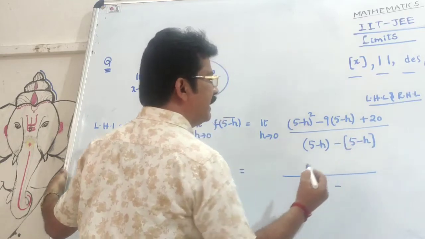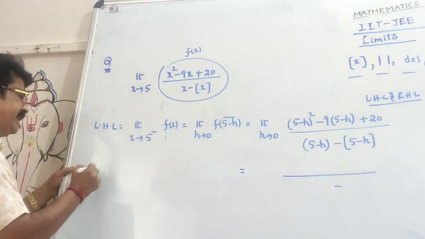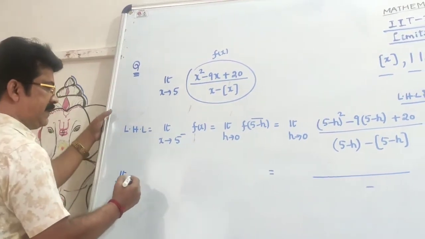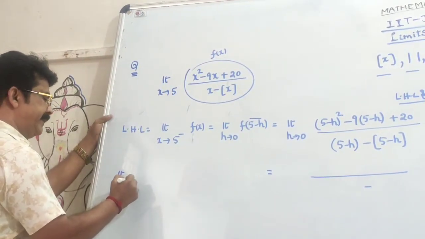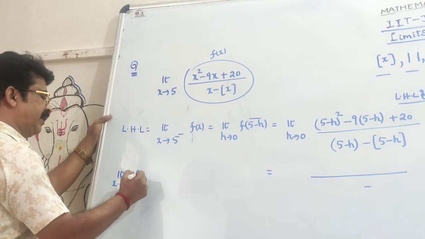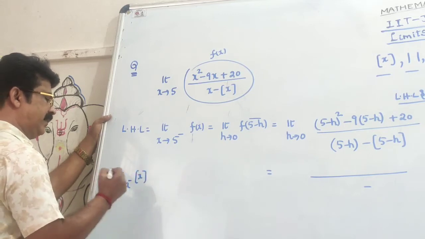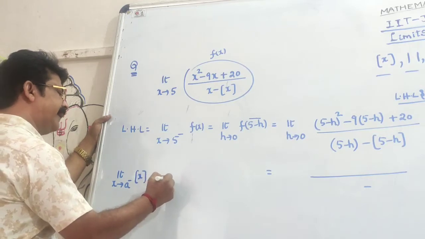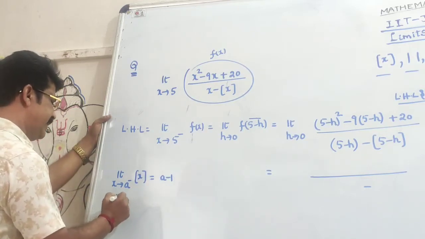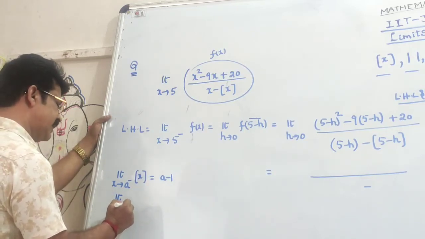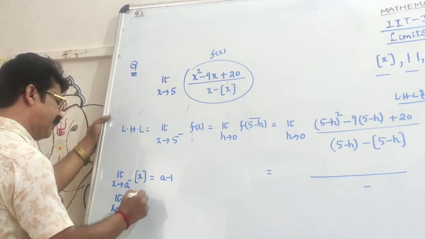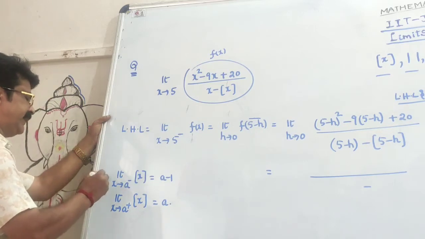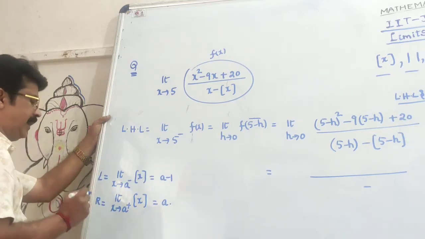Here in the denominator, actually limit x tends to a minus of box of x is equal to a minus 1, and limit x tends to a plus of box of x is equal to a. It is for left hand limit, and it is for right hand limit.